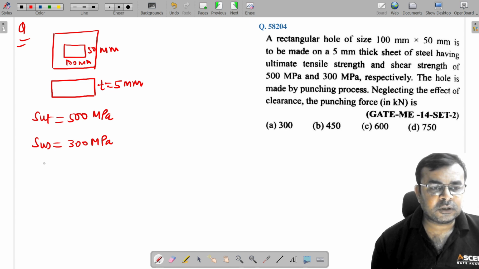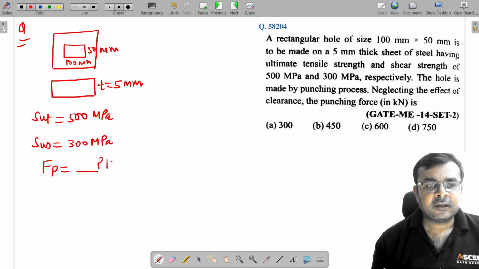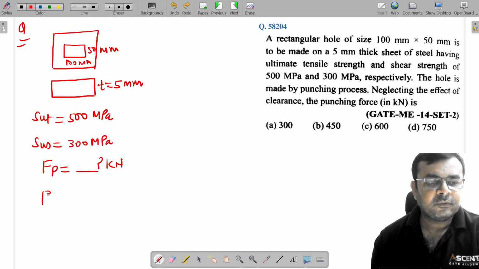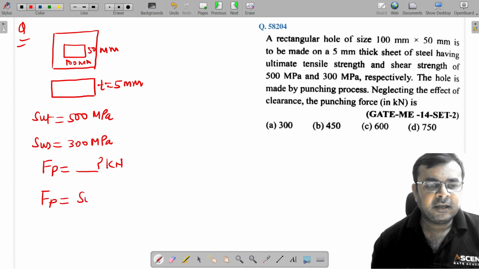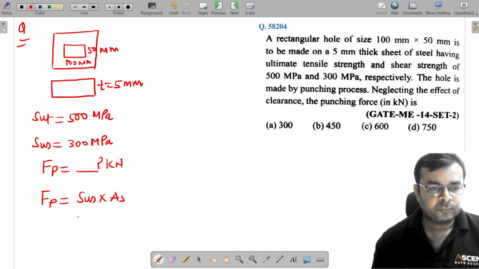We need to calculate the punching force in kilonewton. So punching force can be written as shear strength times shear area. The shear strength is 300 megapascal.